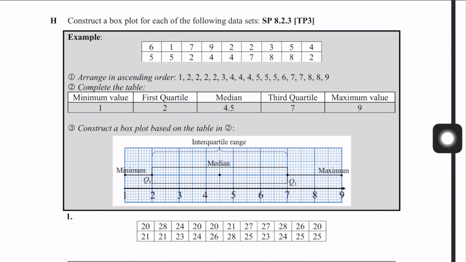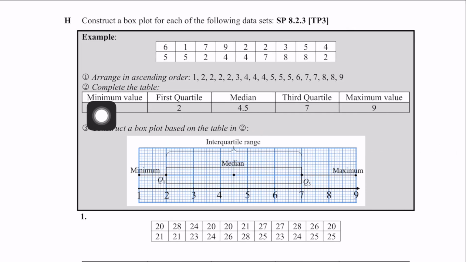The first one, you need to find the minimum value, obviously the first one. Maximum value, obviously the last one. And then you need to find the median. So we need to calculate how many numbers there are.